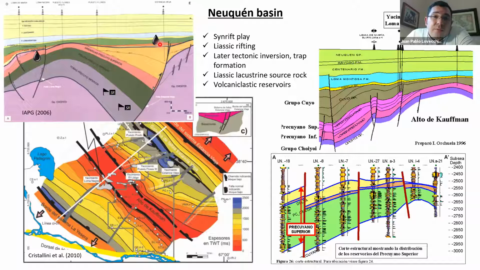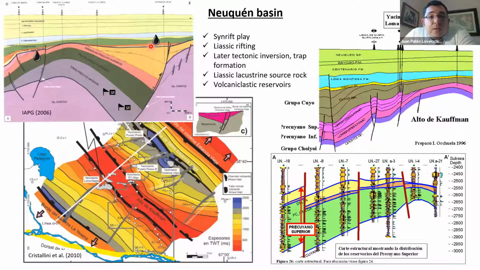In the post-rift, the oil can also migrate, but the inversion of these older normal faults, tectonic inversion, creates structures that assist the accumulation of hydrocarbons.